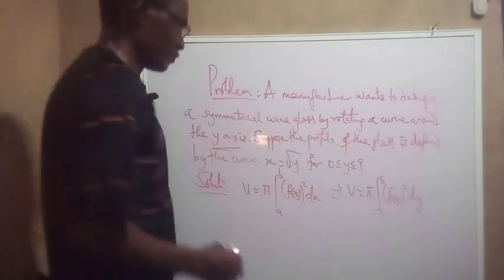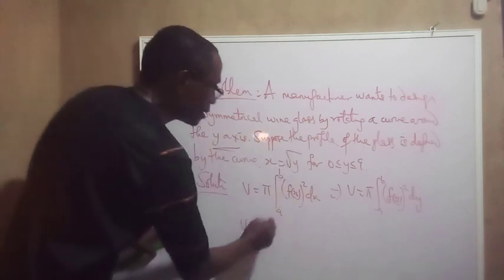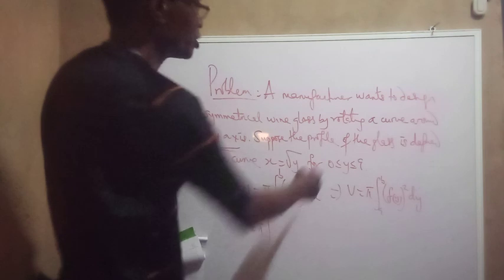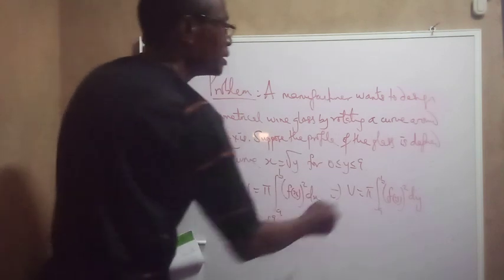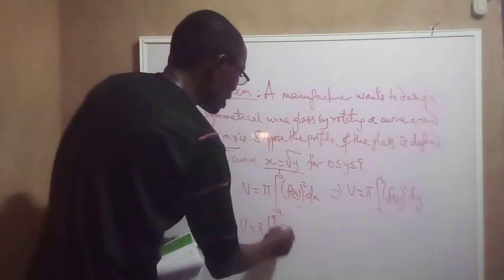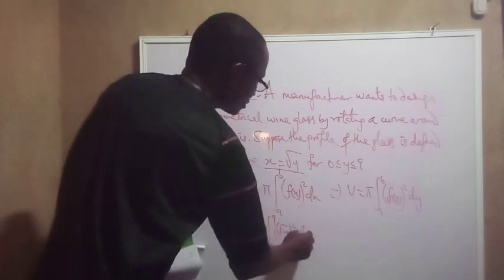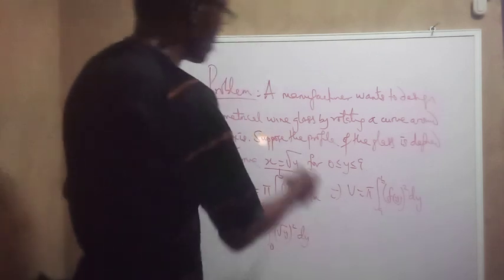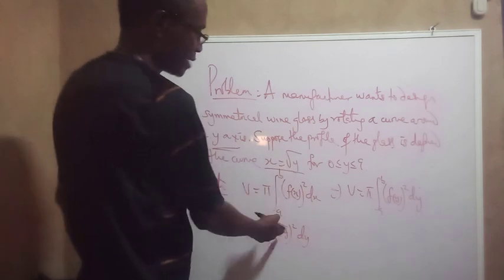All right, beautiful. So that implies that V will be pi times the integral with limits 0 to 9 of f of y, the function given to us, which is root y, all squared, dy. Yes, because our curve is rotated along the y. We can't write x.